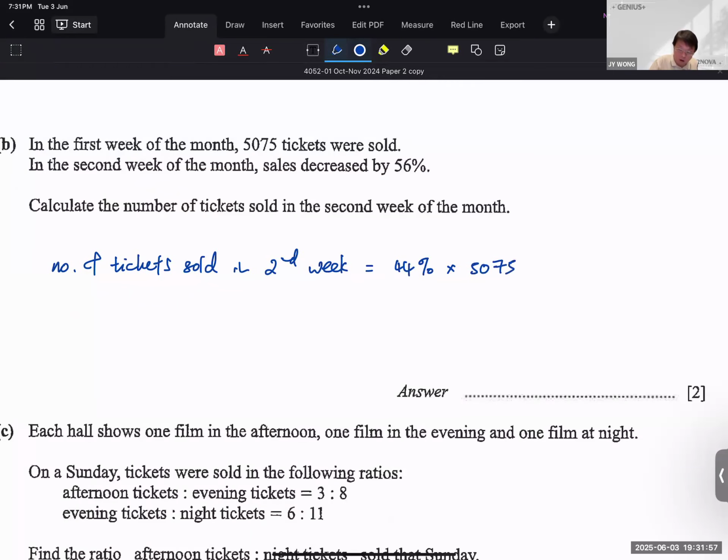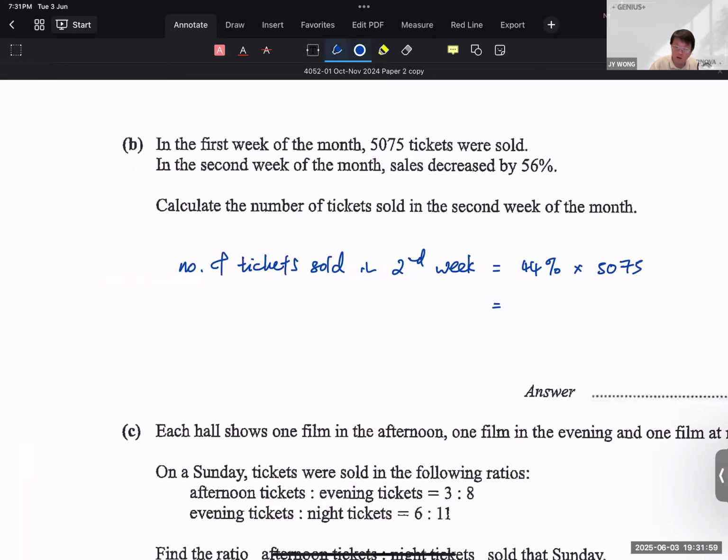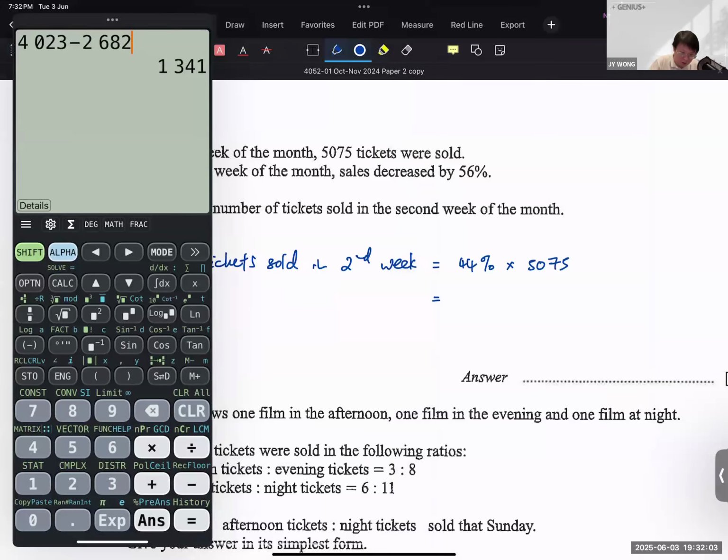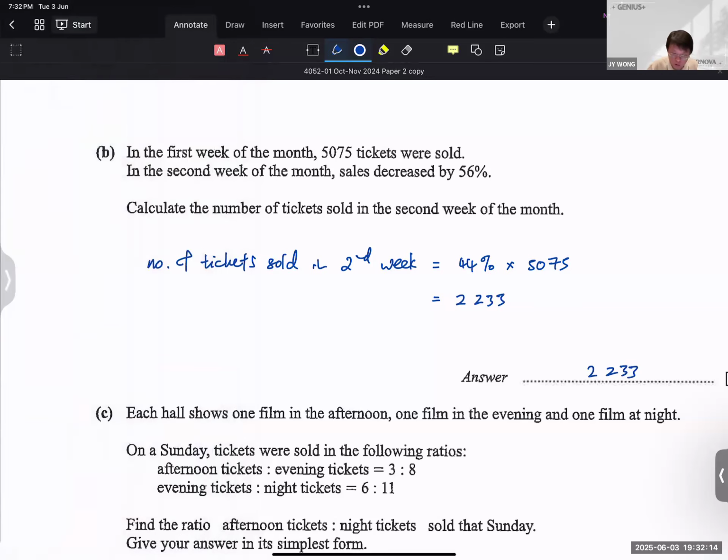So please, 44 or 100, don't do weird things. Don't go and, Cambridge wants to give you a free mark, then you reject the free mark. Look at how generous Cambridge is.